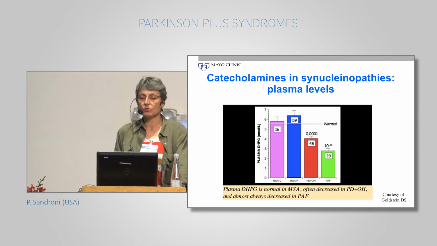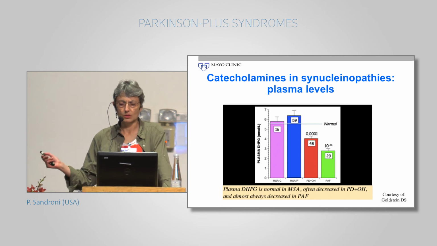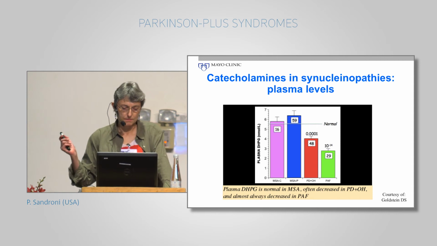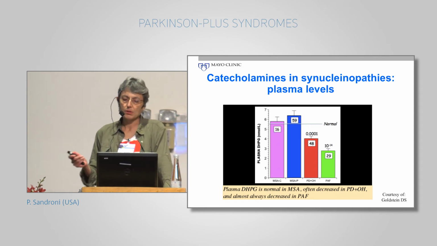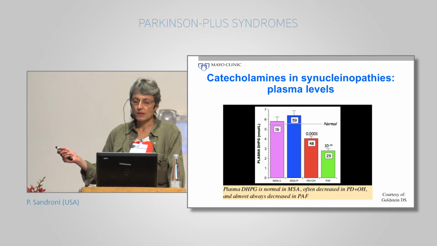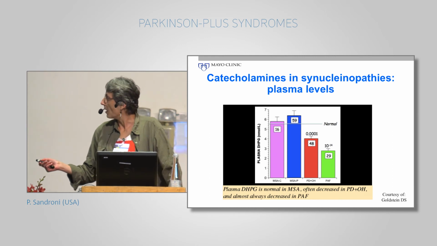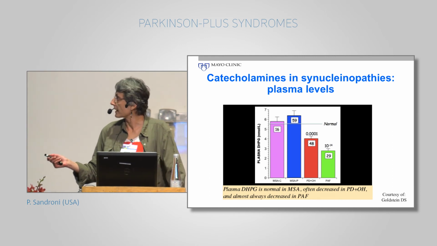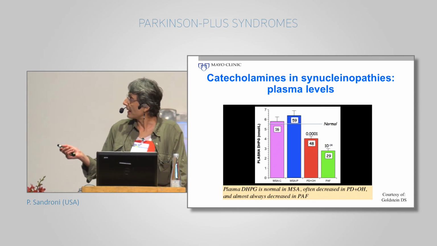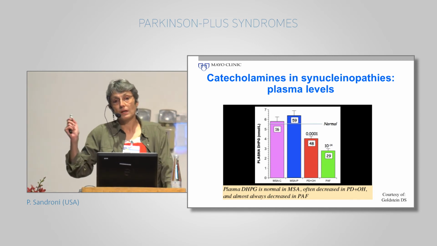Other things that you can do to test this patient, again, this is a lot of work that Dr. Goldstein had done. Catecholamines in synucleinopathy, plasma level. Metabolites of norepinephrine seem to be more sensitive. They are generally decreased in Parkinson disease with orthostatic hypotension and pure autonomic failure, and in multiple system atrophy it is actually generally normal because it's a preganglionic disorder.